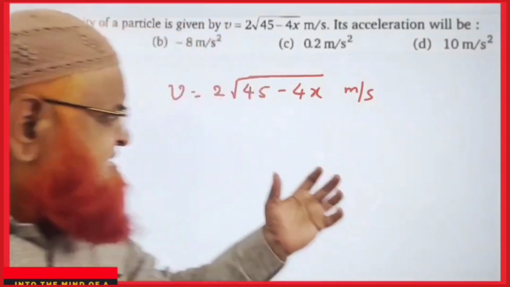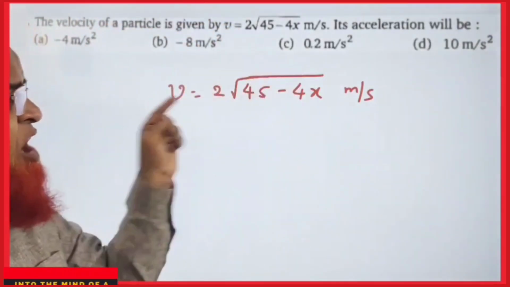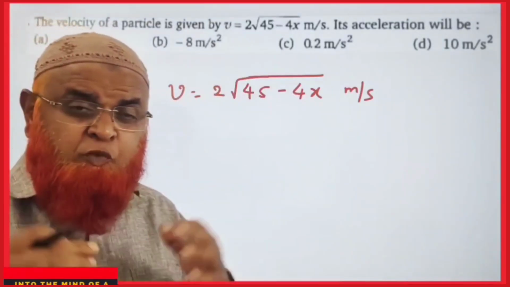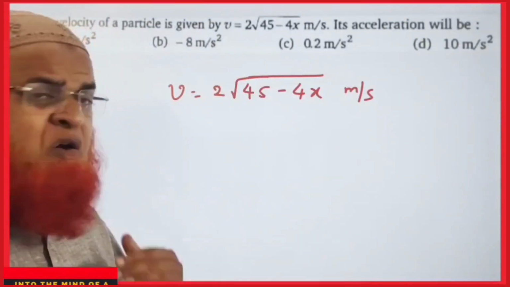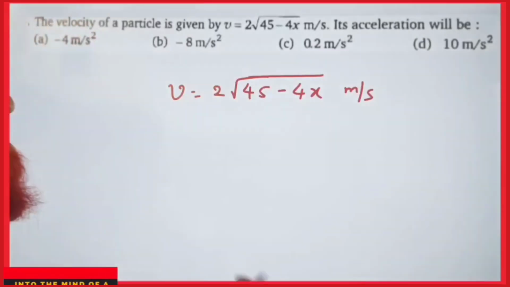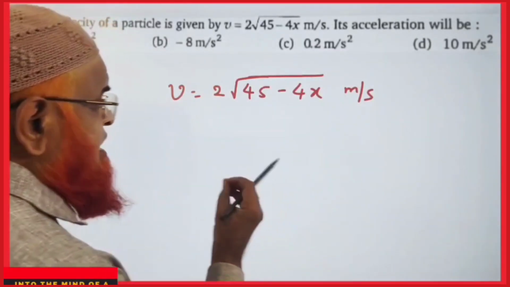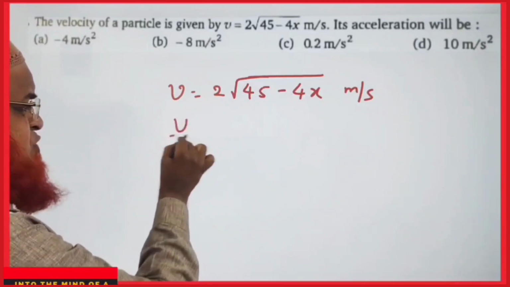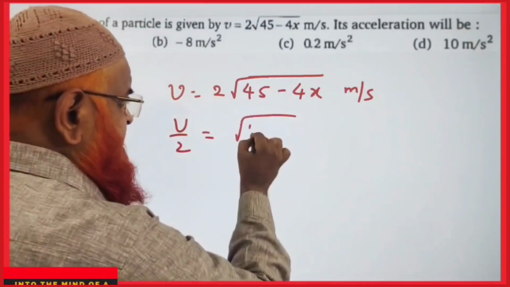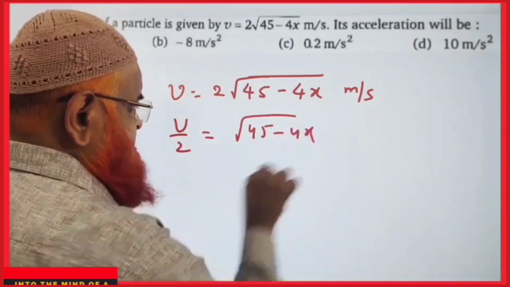They can bypass these integration methods and solve this type of problem in a super simple shortcut method. How can you do this problem without differentiation? Now let me discuss each and every step in slow motion. See, you can just modify this equation and write this as v by 2, which is equal to square root of 45 minus 4x.